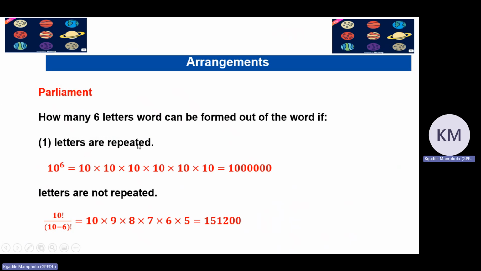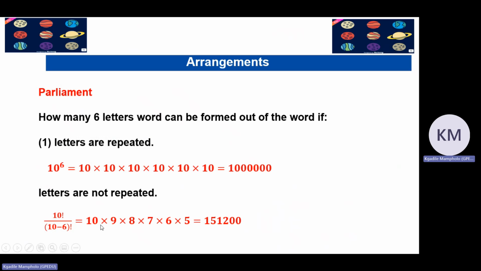If letters are repeated, when you choose the first letter, you choose out of 10, second out of 10, third out of 10, fourth, fifth, and sixth, all out of 10, because letters are repeated. It means a million 6-letter words can be formed out of the word parliament, or you can just say 10 to the power 6.